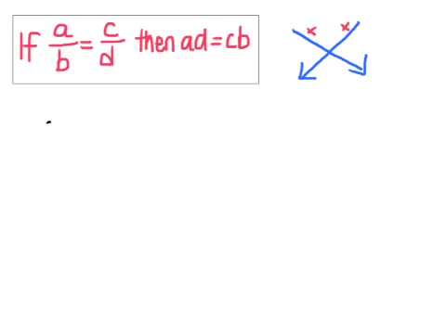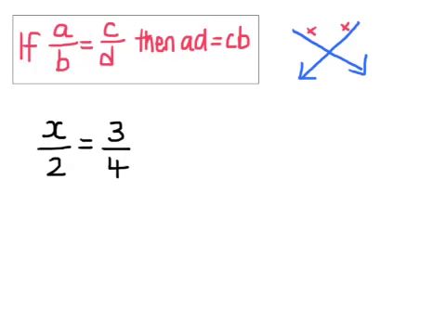So for our first example, let's imagine that x over 2 is equal to 3 over 4. Now, if we apply the rule above, we can see that x times 4, and these two terms are represented by A and D above, is going to equal 3 times 2.